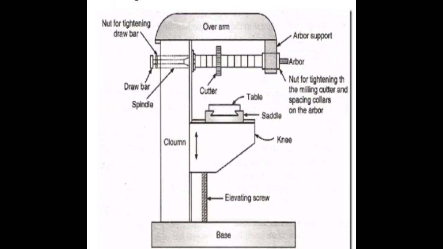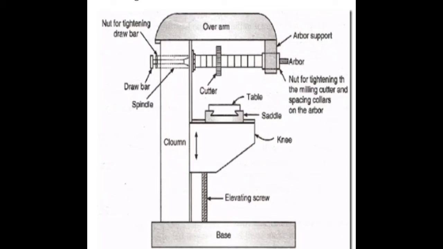The column is the main supporting frame mounted vertically on the base. The column is box shaped, heavily ribbed inside and houses all the driving mechanism for the spindle and table feed. Third one, knee. The knee is a rigid casting mounted on the front face of the column.